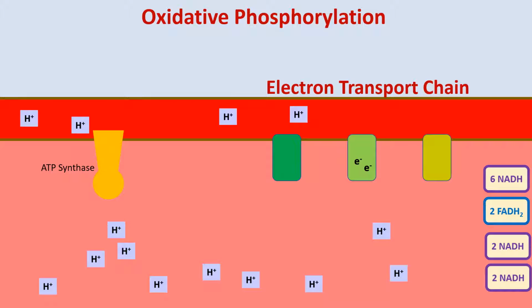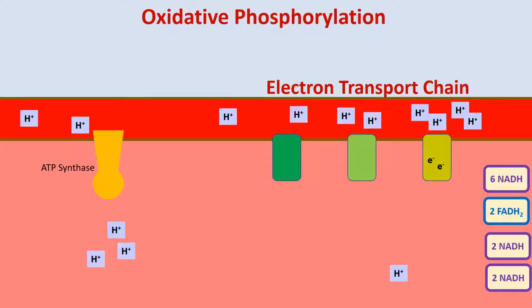However, they're still going to be used in another reaction that will move two more hydrogen ions out of the matrix and back into the intermembrane space. And then after that, these electrons will be shuttled to the third transport protein, where another reaction will occur, moving four more hydrogens from the matrix into the intermembrane space. And see there, we're cleaning house and the matrix is looking better already.